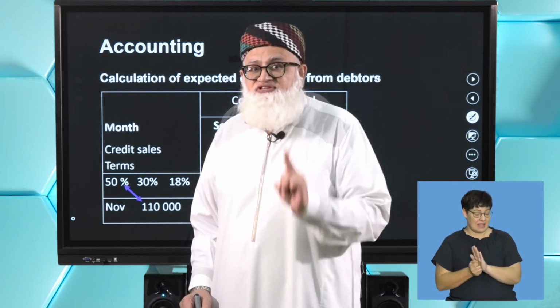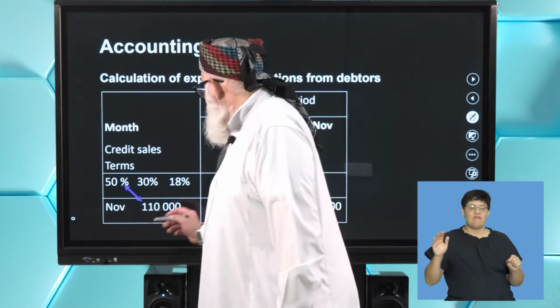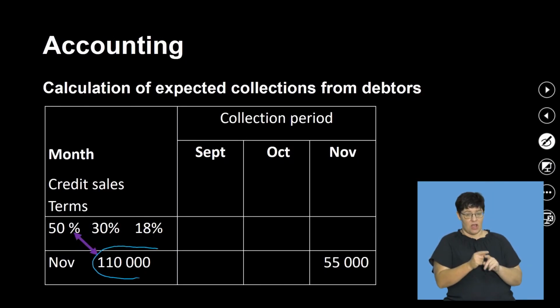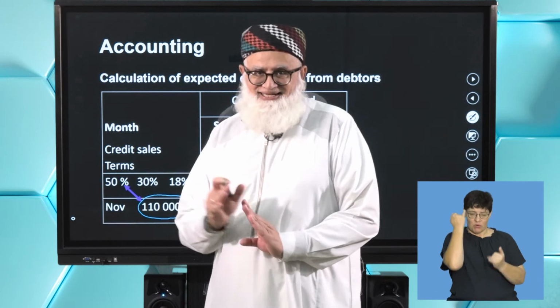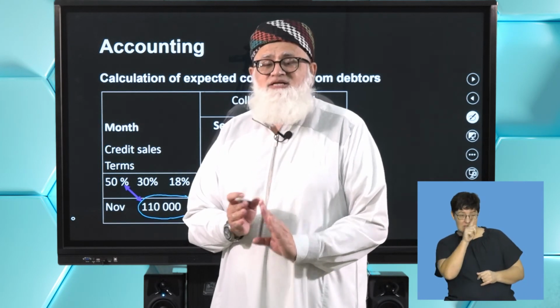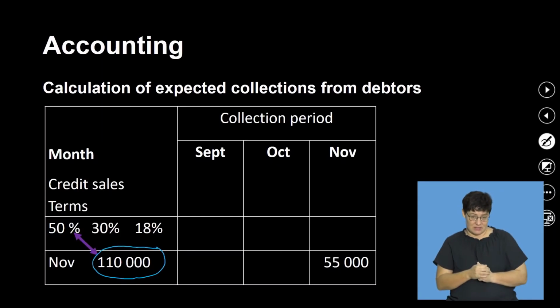I keep on emphasizing this because if you're using the incorrect amount as your basis for calculation, all other calculations after that will be incorrect. Please, guys. So remember, it's my credit sales that I want. Okay, so I've got my credit sales of 110,000. Step number 1, what component will pay me?